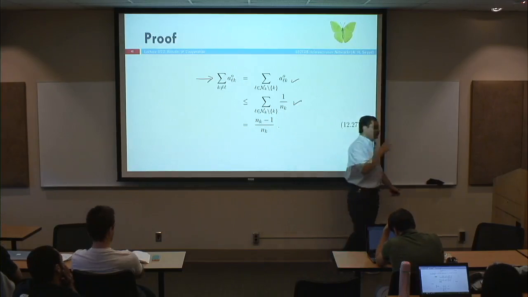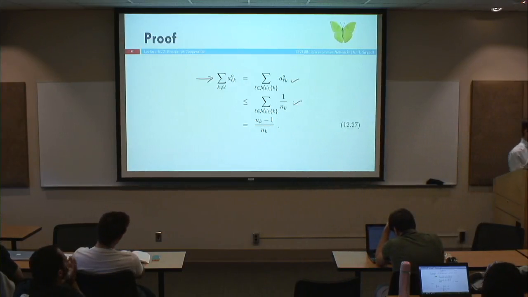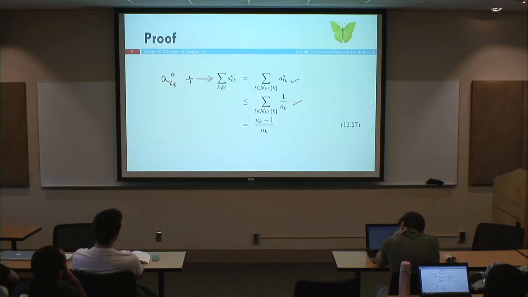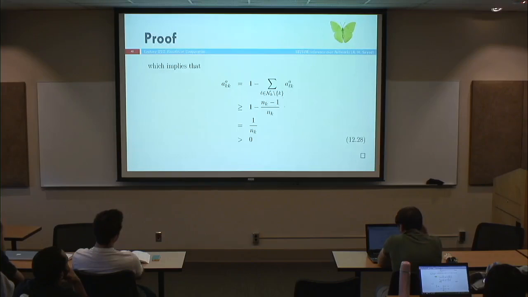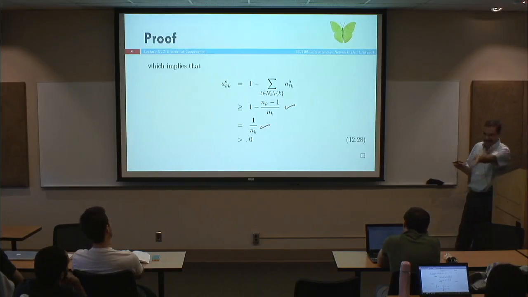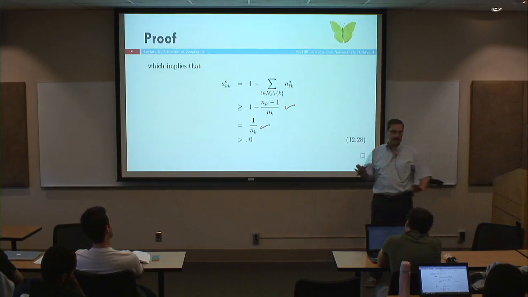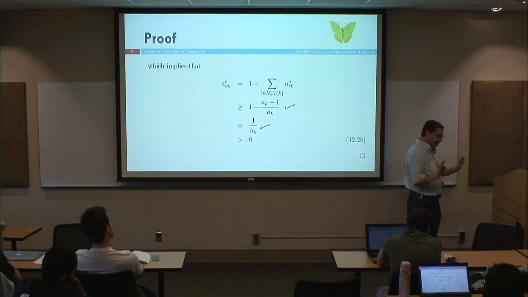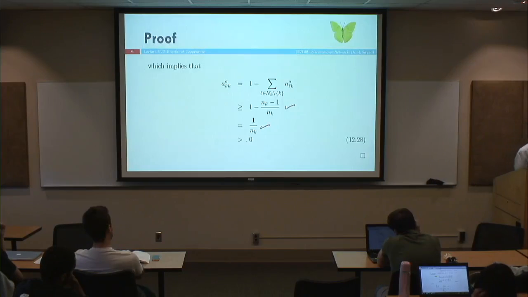So that sum is (n_k minus 1) over n_k. But if I add a_kk to it, this sum should have been 1. So a_kk is 1 minus that, correct? You get something which is positive. So actually every diagonal element will be positive, so your matrix is primitive. Very good. So I don't have to worry about that.